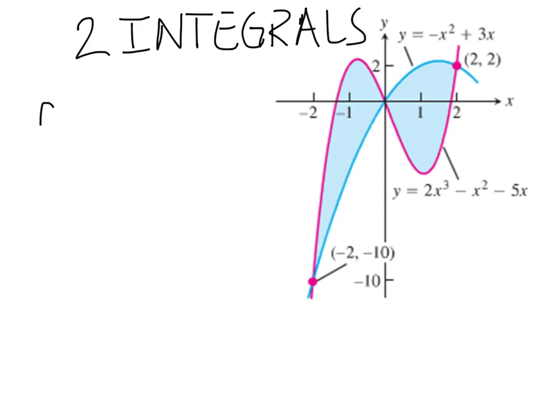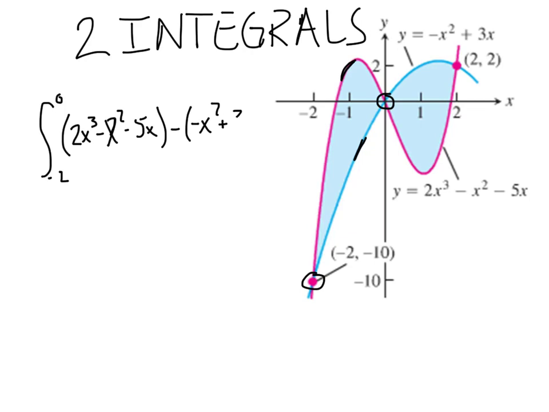Alright, so the first integral is going to go from x equals -2 up until x equals 1. And within that interval, I'm going to say the pink graph is the upper and the blue is the lower. So I'm going to start off with 2x cubed minus x squared minus 5x minus the quadratic, -x squared plus 3x. Okay.